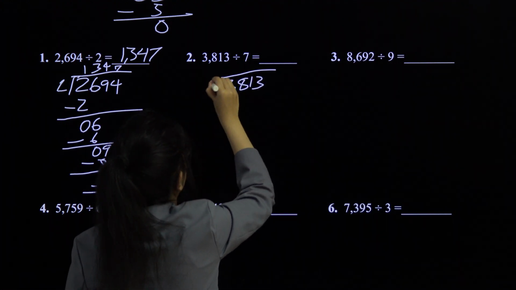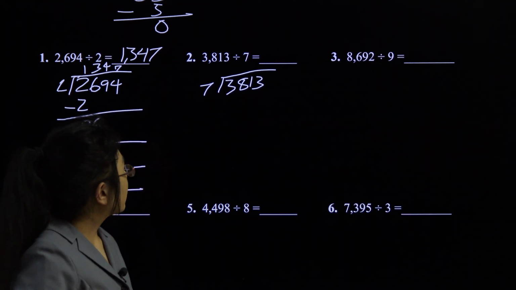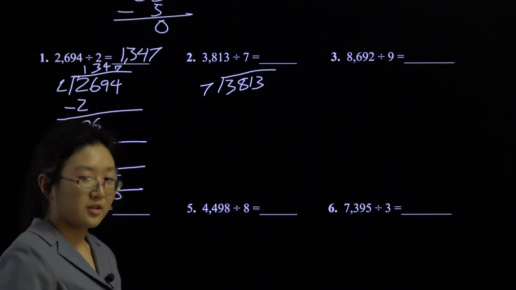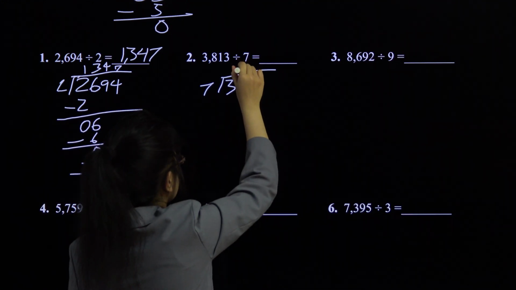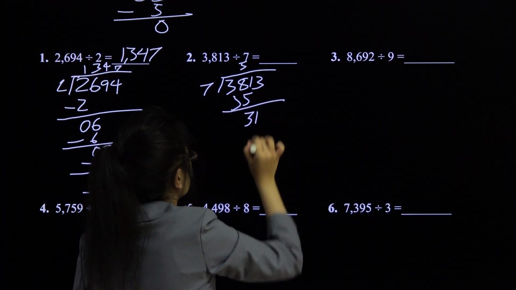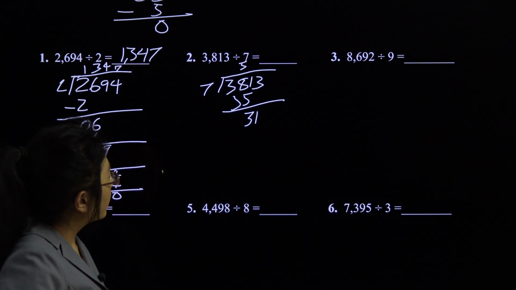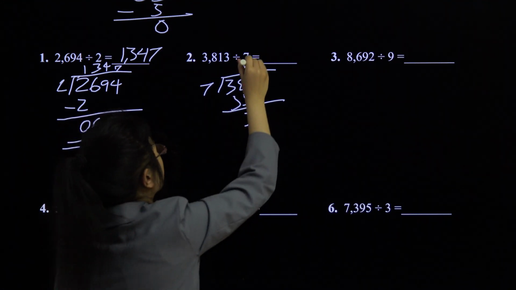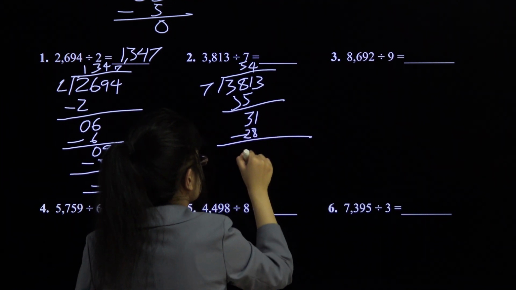Question number 2 is 3,813 divided by 7. Now, 7 doesn't go into 3, but 7 does go into 38 5 times. It does have a remainder, though: 3. And then you drag down the next number, 31. 7 goes into 31 4 times with a remainder of 3.